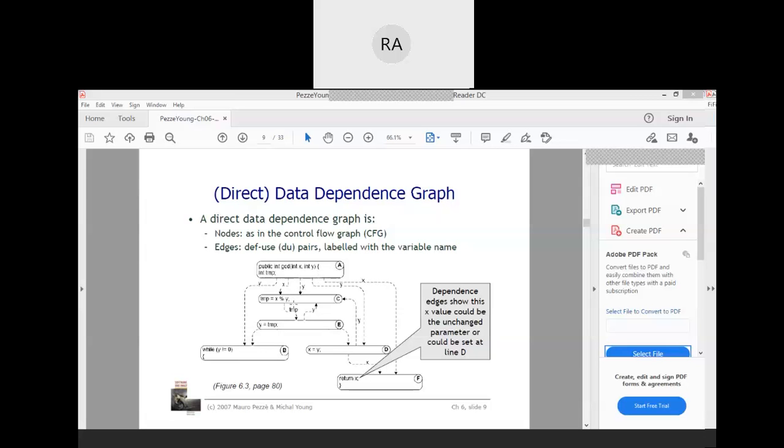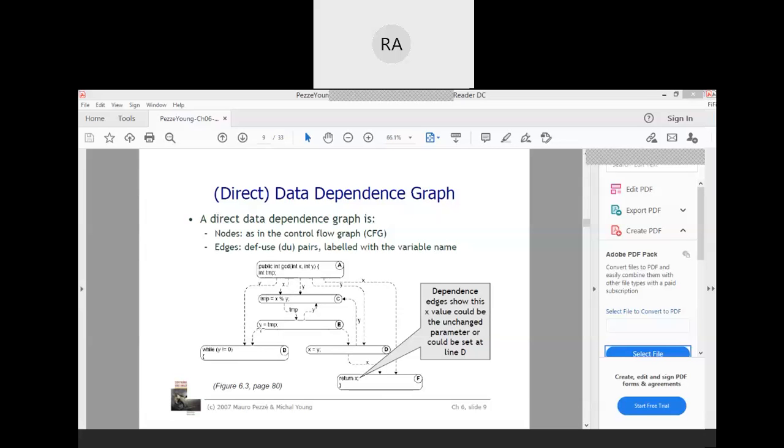They are dotted lines, and each edge should be labeled with the name of the variable. Whichever variable is being used, that name should be used as a label for the next block. The arrows that you are marking are dotted, not solid lines.